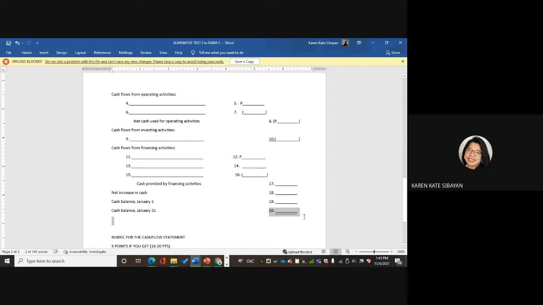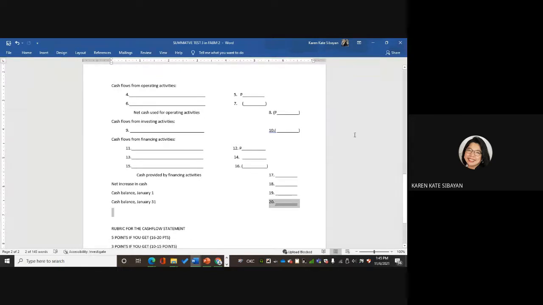Then you have your final balance. Take note uli ha, remind ko lang din po uli, your cash balance in your cash flow, final balance should be total also to your balance sheet.